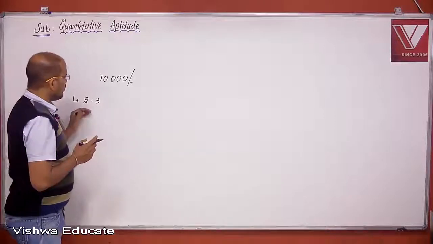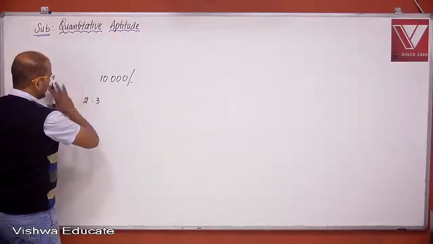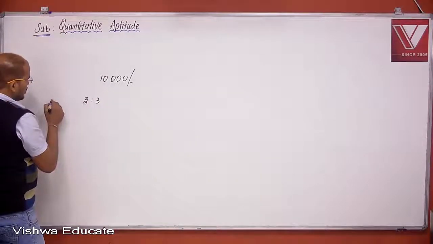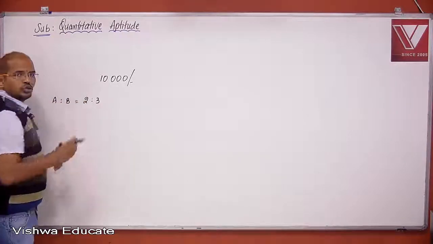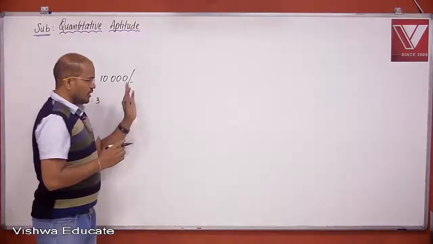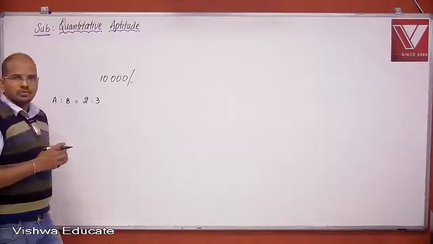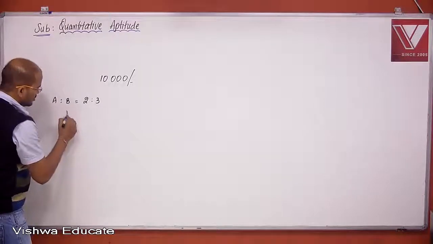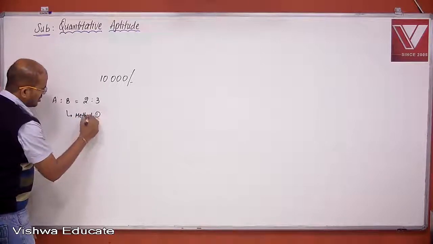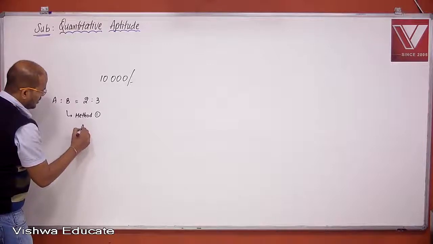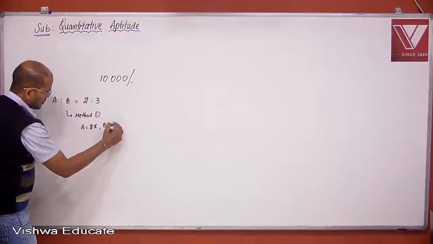You can solve this in two methods. Assume that I want to divide 10,000s among A, B in the ratio of 2 is to 3. In ratios, we have different approaches of solving problems. Method 1 goes like this. The value of A would be 2x, and the value of B would be 3x.